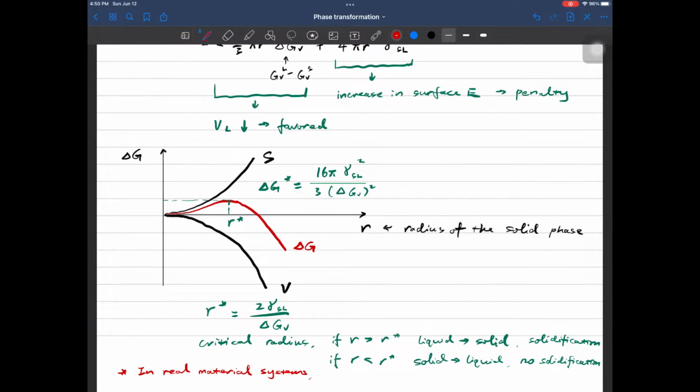Homogeneous nucleation is extremely difficult to happen in nature and in most material systems. Nearly all the nucleation events we observe in nature and in experiments result from heterogeneous nucleation, not homogeneous nucleation.